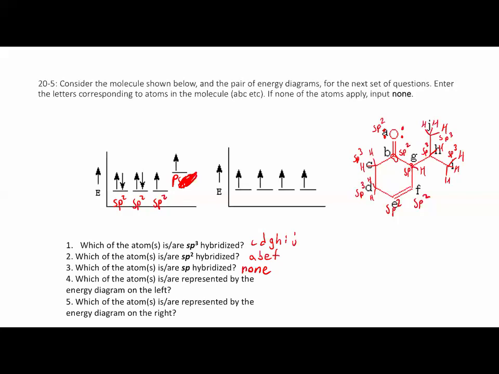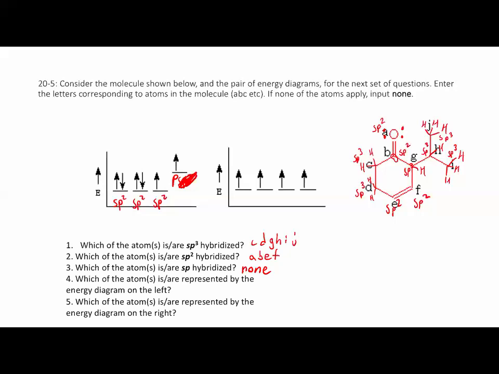You have 1 sp2 orbital contributing an electron to forming that sigma bond with the carbon on B, and you have 1 p orbital contributing 1 electron to forming that pi bond with the carbon on B. So the only atom that is represented on the energy diagram on the left is A, which is the oxygen.